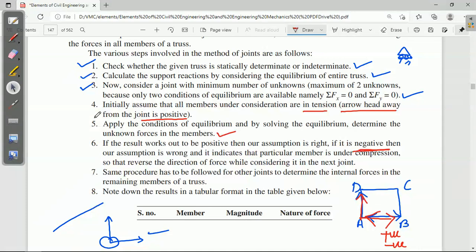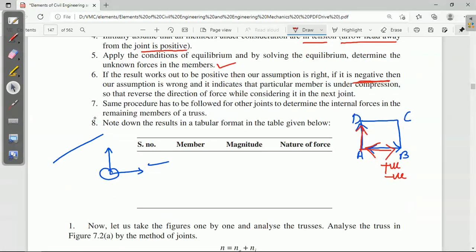You need to make the correction like that. Then find out all the members. You need to write what the member is, that is AB, BC, CD, and the value of internal forces, that is axial forces, and the nature, whether it is tension or compression. You need to make the list here.